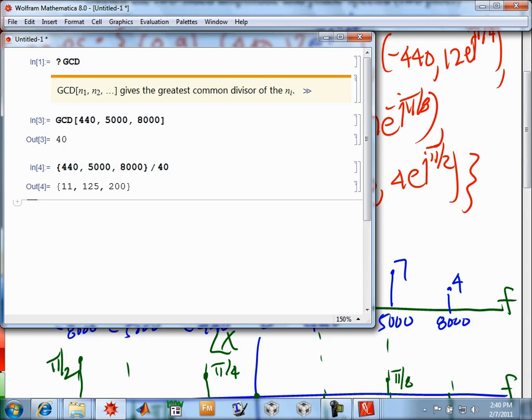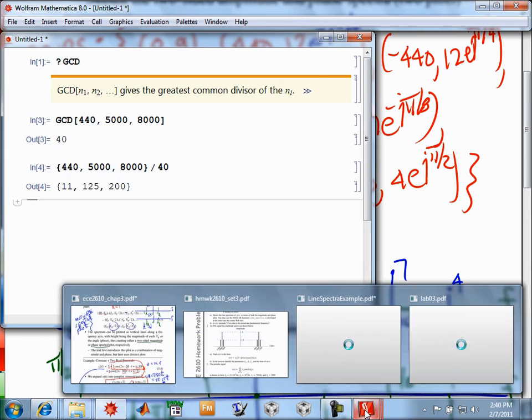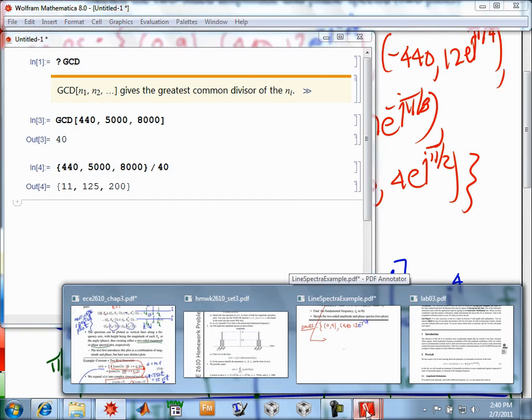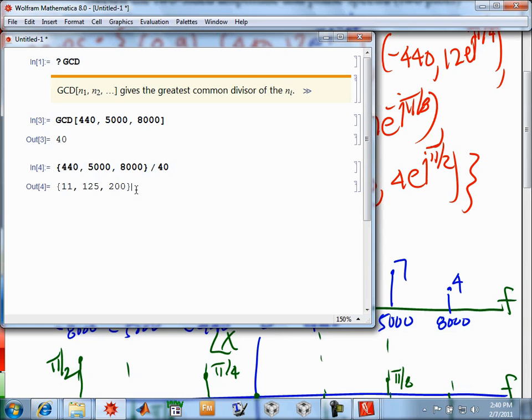And the 5,000 is the 125th harmonic, or 125th overtone, if you're thinking in terms of music, of the fundamental. 40 is in hertz, and these in here are integers. That's just what number times 40 gets you back to those individual frequencies.